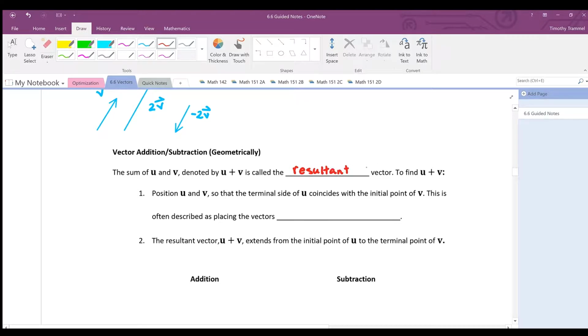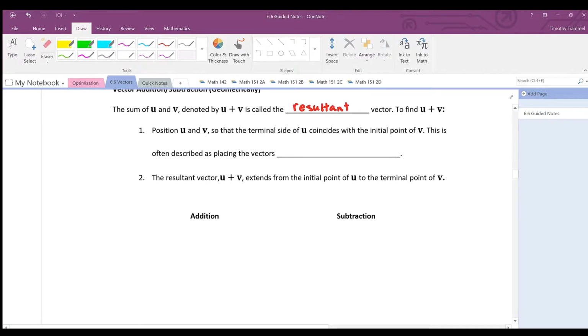To find u plus v, here are the directions on how to add u and v. It says position u and v so that the terminal side of u coincides with the initial point of v. Let's actually start that sketch right now.